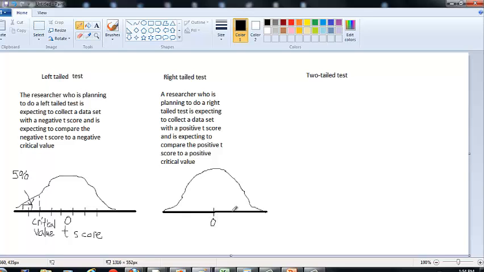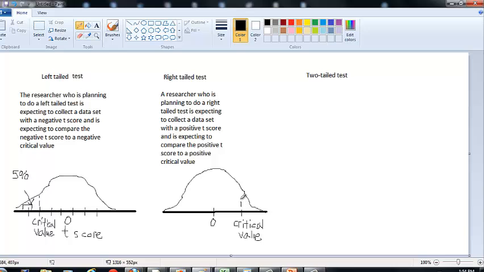They're expecting to get one of these combinations at the right end that will give them a positive t-score, and they're planning to compare that positive t-score to a positive critical value. If you get a positive t-score, you have to compare it to a positive critical value, just like how if you get a negative t-score, you have to compare it to the negative critical value.